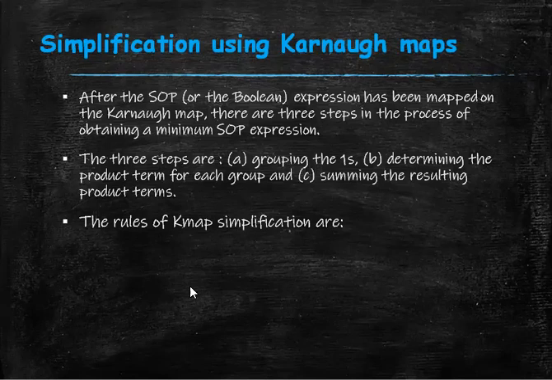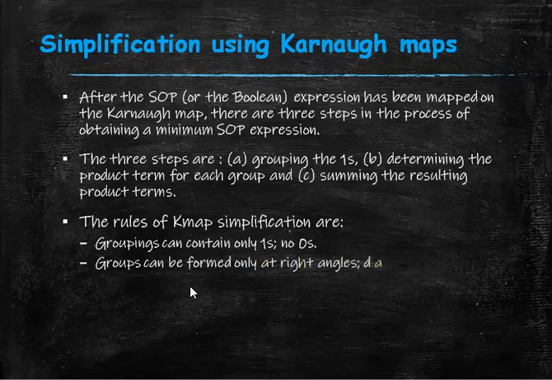And in these steps, we must follow the rules given below. Grouping must be done only for ones, no zeros included. When we make groups, it must be done at right angles, not diagonally.